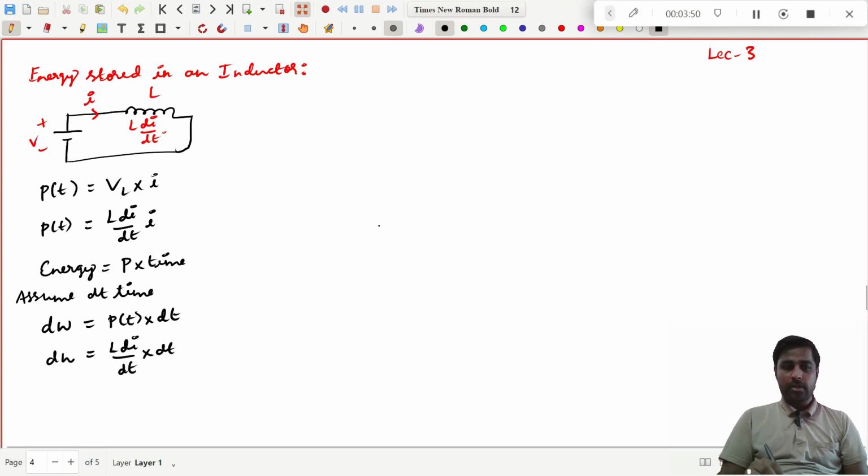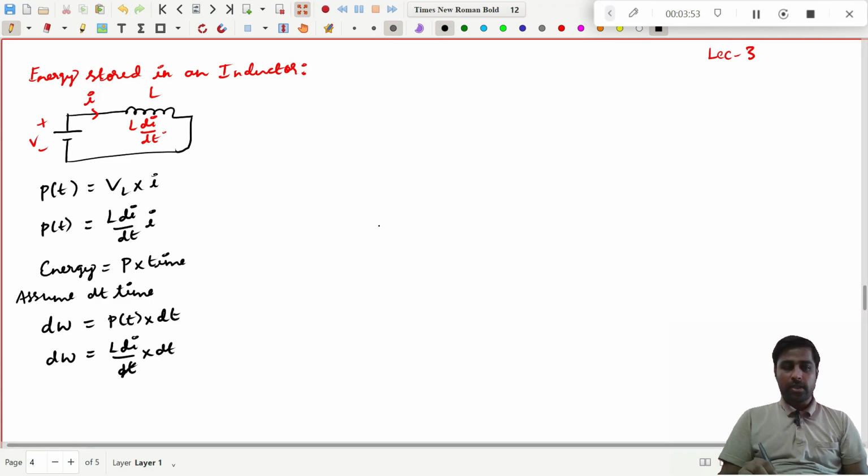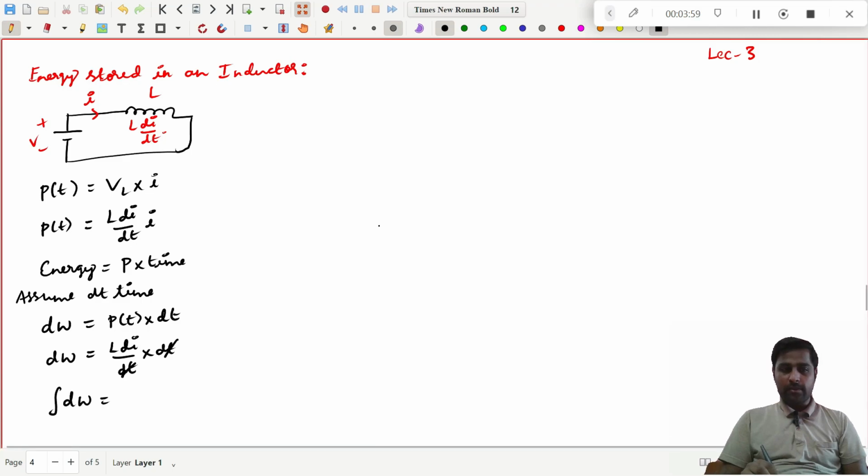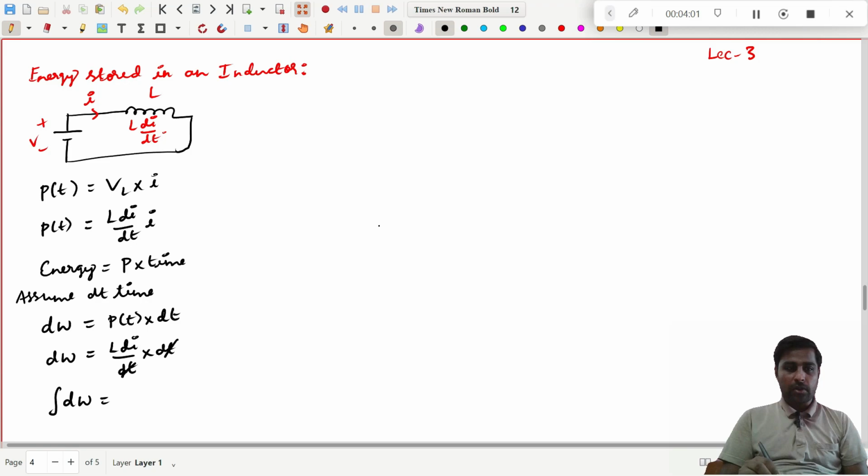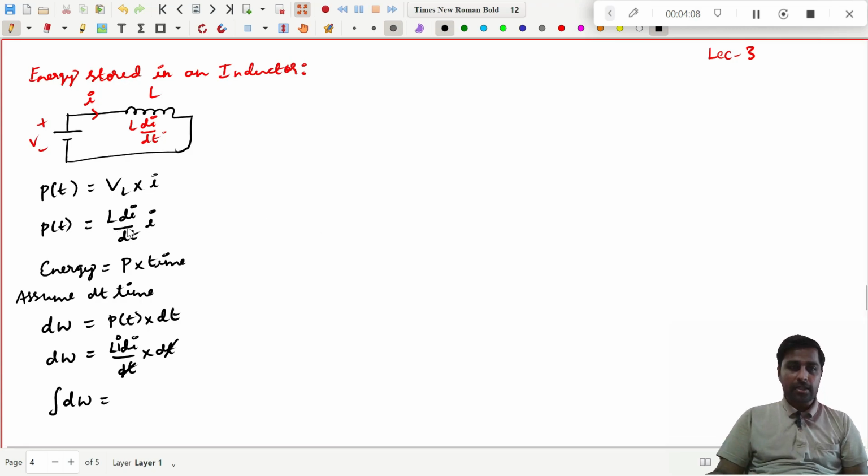So this is dw. This dt and this dt will cancel out, and if I integrate on both sides, this becomes dw. Sorry, here I have missed I, because you see it is L di by dt into I, so I have missed I, so you put I here.